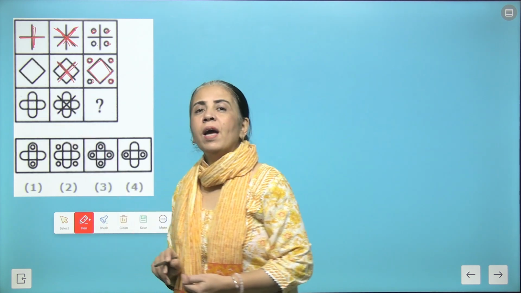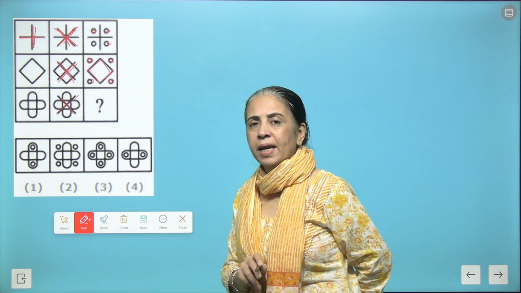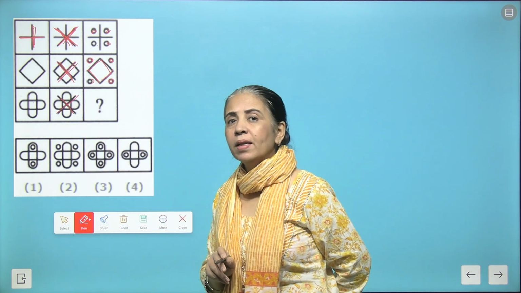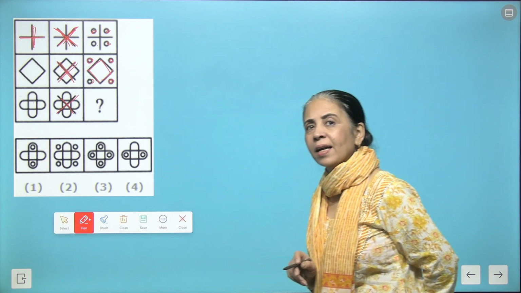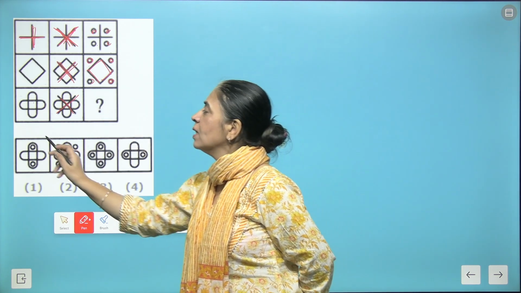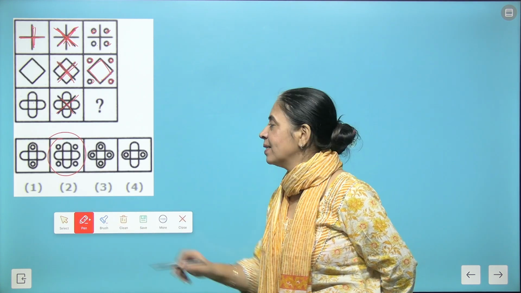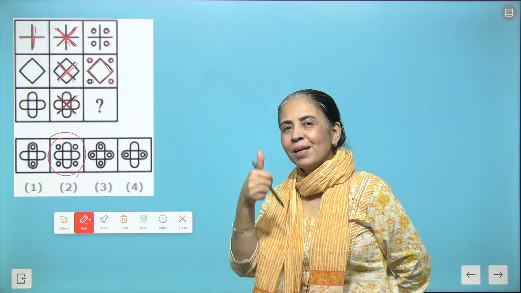Here we have the figure, then we have slanting lines in the second cell, and what will happen in the third cell? Yes, exactly, these slanting lines will be replaced by four circles. So we get the second option as the right answer. Here we got the correct option.